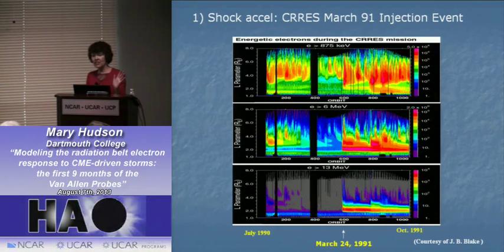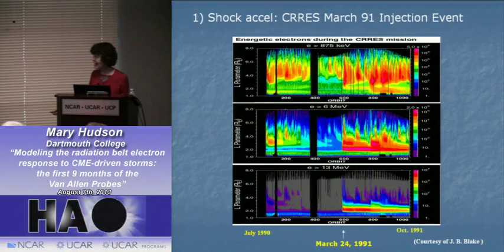So I just flashed this as the first poster child for prompt acceleration by CME shock. Shin Lin worked on this particular storm back in the mid-90s and developed a simple model that showed that the electrons were accelerated and transported radially inward and accelerated up to these very high energies that you see here.